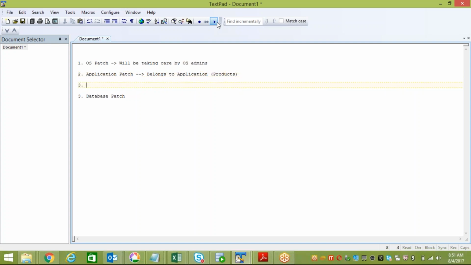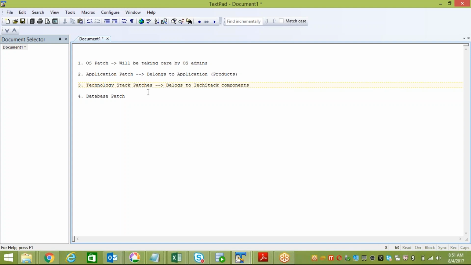You can take one more type of patches: technology stack, tech stack components.